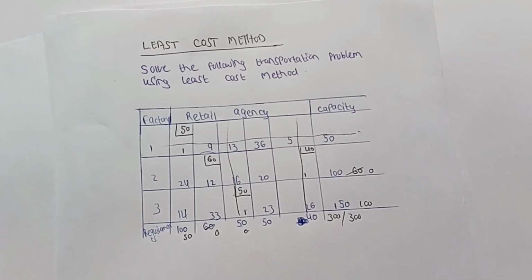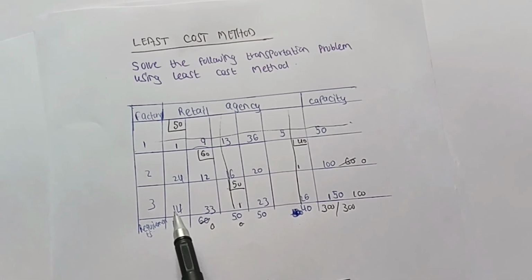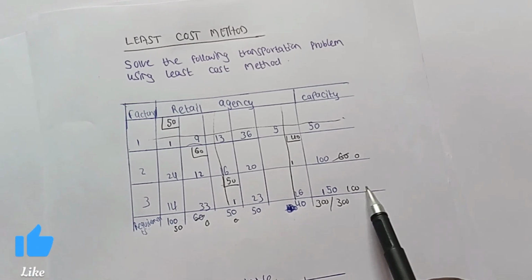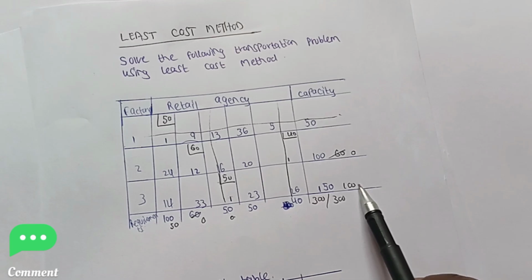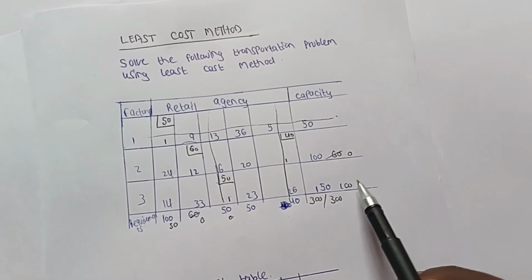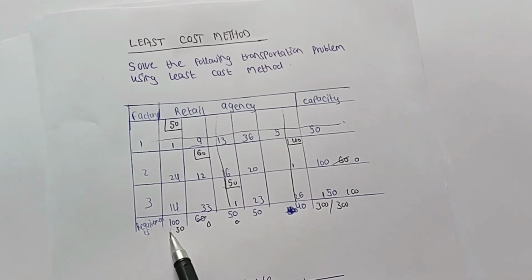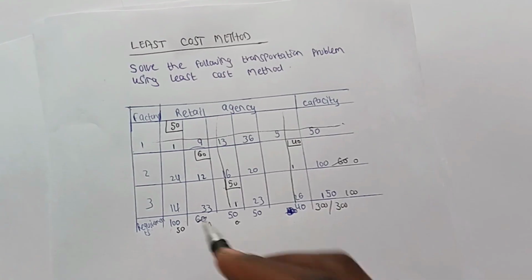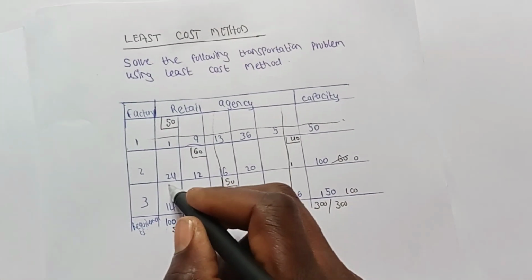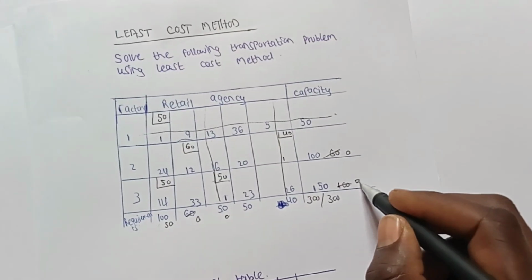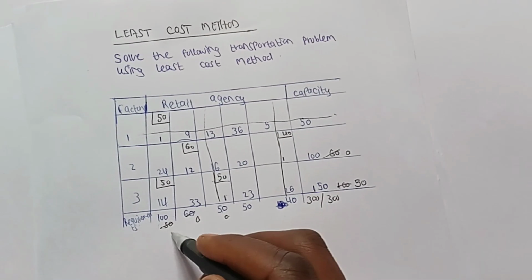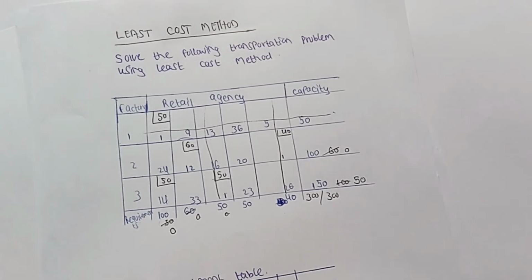Our next least value is 14. We have 100 and here we have 50. This one is the least, so we allocate 50, so that here we remain with 50, and here we remain with 0.